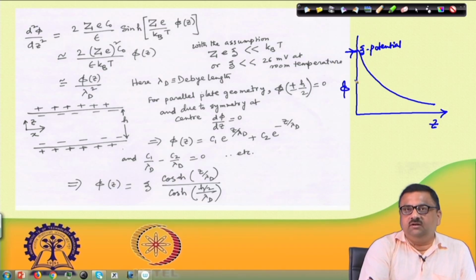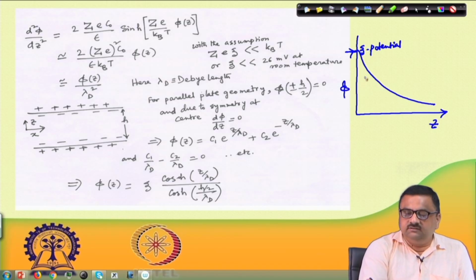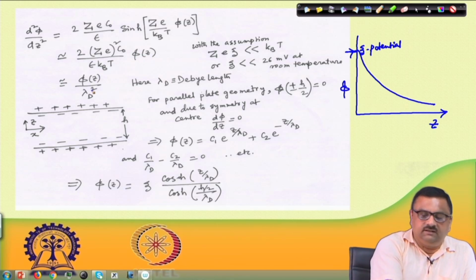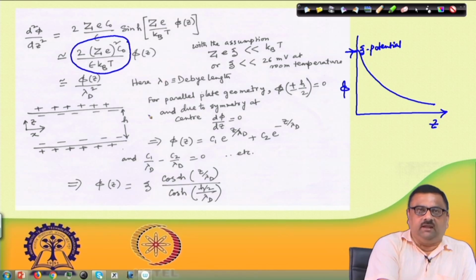So, if someone is working with a system where the zeta potential value is much less than 26 millivolt at room temperature, one can say that this approximation is valid. Then it is written as phi z divided by lambda d square, where lambda d square takes into account this entire term. This is called lambda d square. So, phi z by lambda d square.